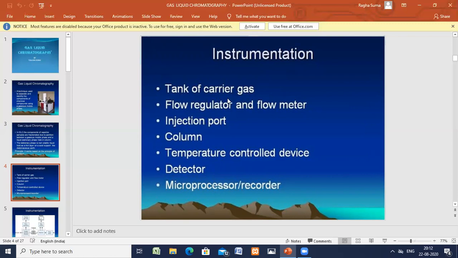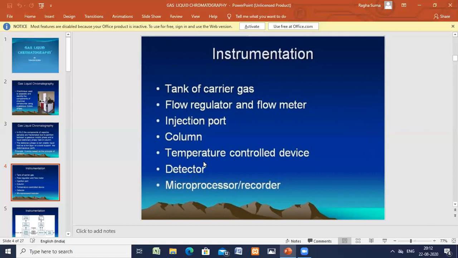The tank of the carrier gas is one of the components in the instrumentation, along with a flow regulator and flow meter, which govern the flow rate. Then the injection port for sample injection. Then the column, where the mixture passes and gets separated, and the temperature is controlled by a temperature control device.